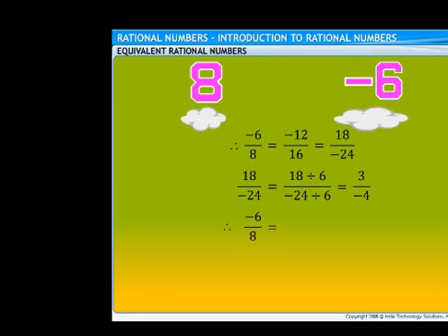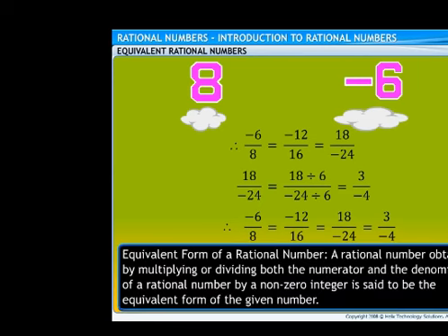This rational number is equal to the previous three rational numbers. Such rational numbers are said to be equivalent to each other. By multiplying or dividing both the numerator and the denominator of a rational number by a non-zero integer, another rational number is obtained, which is the equivalent form of the given rational number.